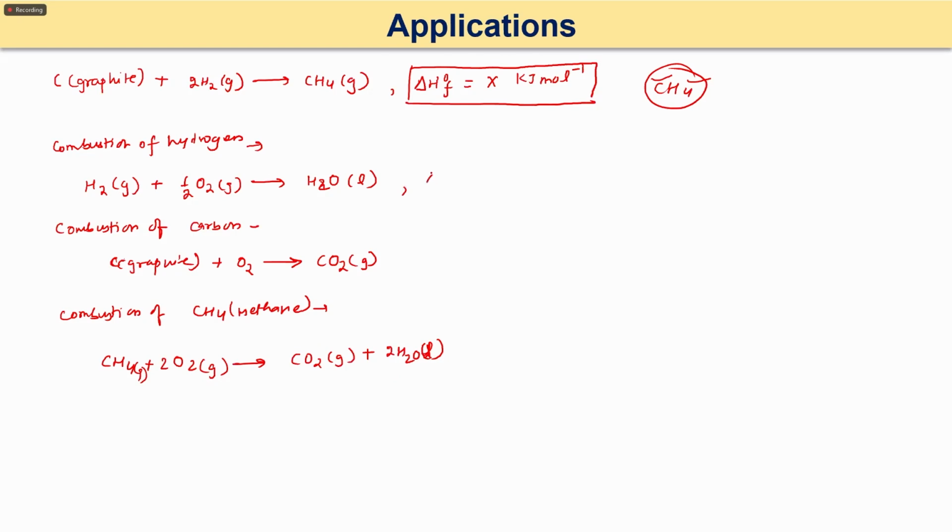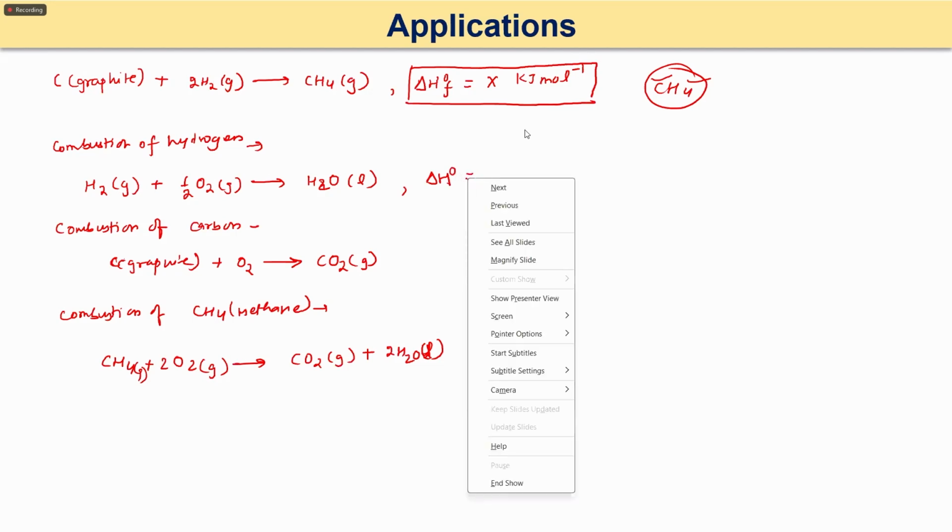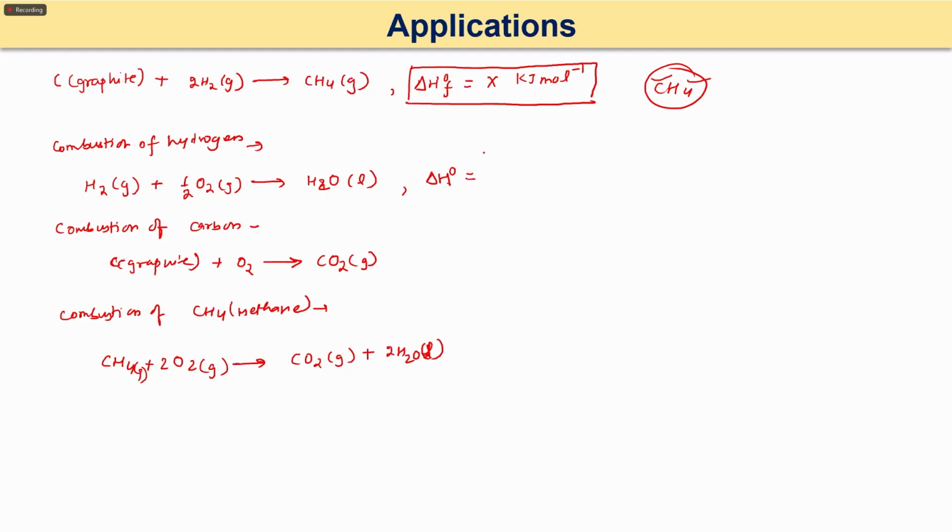These values are given to us already. The heat of combustion for hydrogen is minus 285.8 kilojoule per mole.